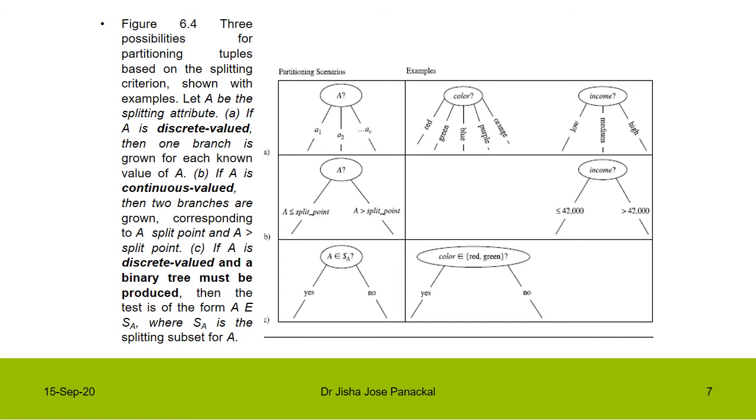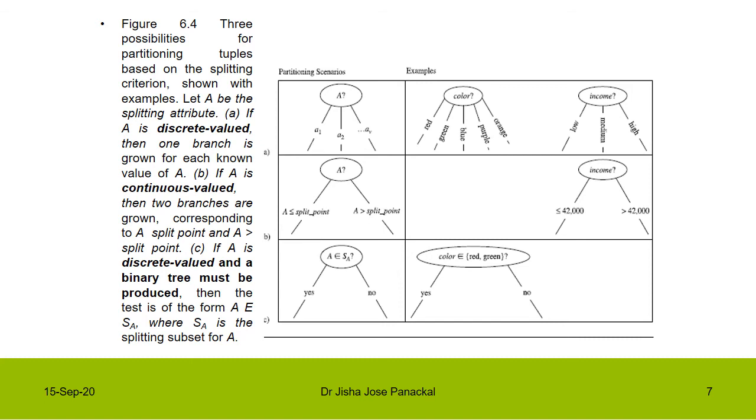If the attribute is color, we have different options of colors, that is red, green, blue, etc. And another example is income. We can divide it into high-level concepts like low, medium, high. So these are the examples for discrete valued attribute type. So the splitting criteria will be like this.